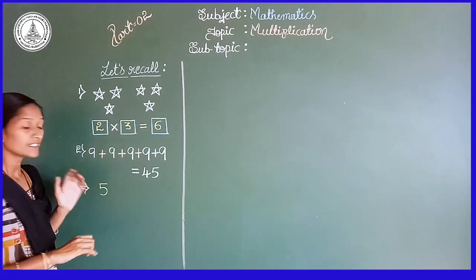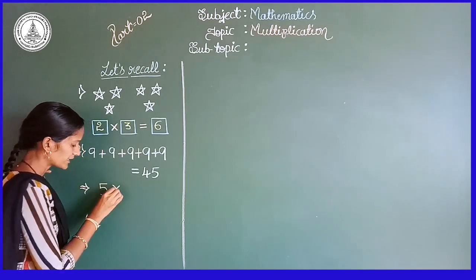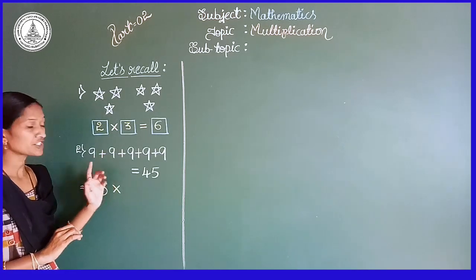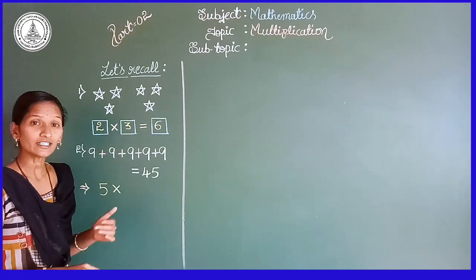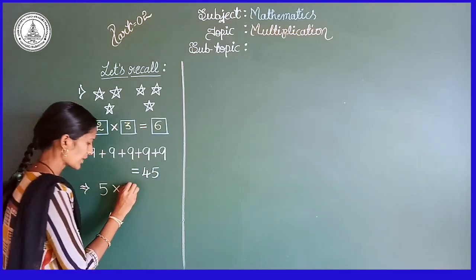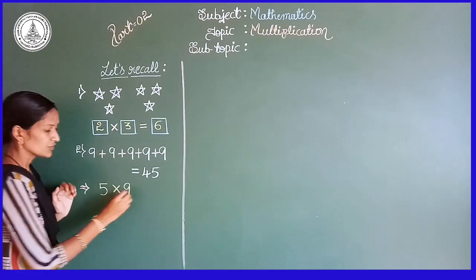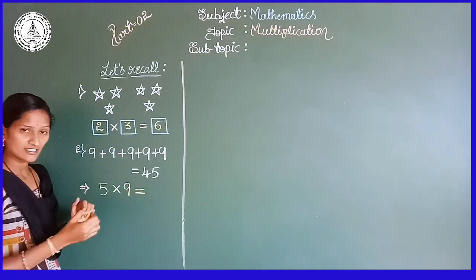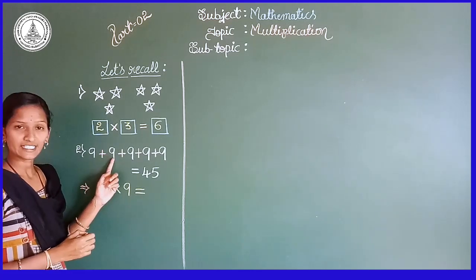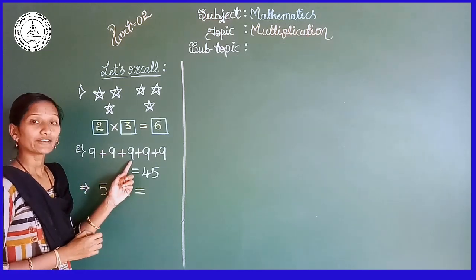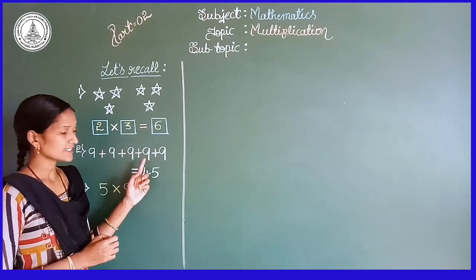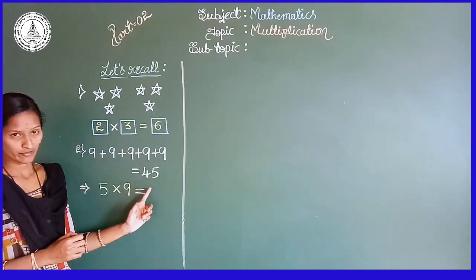Right? Next, the symbol of multiplication, that is into or cross. So next, which number do they add repeatedly here? The number 9 they added repeatedly. So I am writing 9 here. So what is our answer? Here they already gave 45. So 9 plus 9 is 18. 18 plus 9 is 27. 27 plus 9 is 36. 36 plus 9 is 45.